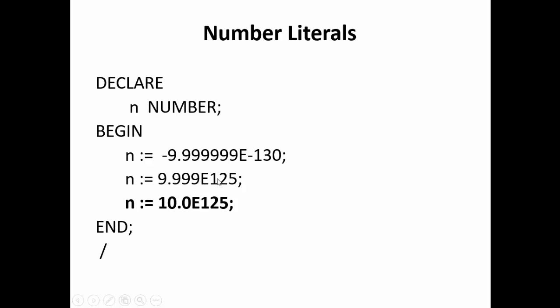This way also we can write. Finally, I am assigning another value, n := 10.0e125. So either way, it takes the last assigned value. So the value of n is 10.0e125, and you can display the value using DBMS_OUTPUT. This program doesn't do anything except declaring the variable and assigning the values to the variable.